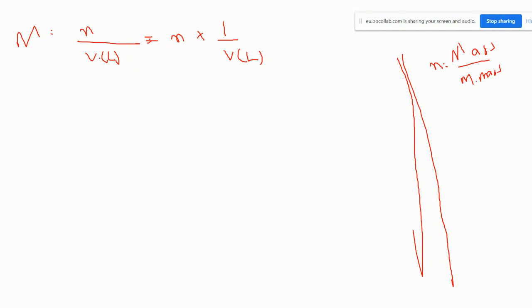Clear or not? Clear. n times 1 by liter. If I want to mix it again, it will become like this. But I need to put the n value here, so that's why I separate n from here. However, the result will be the same. So now I will erase this one.